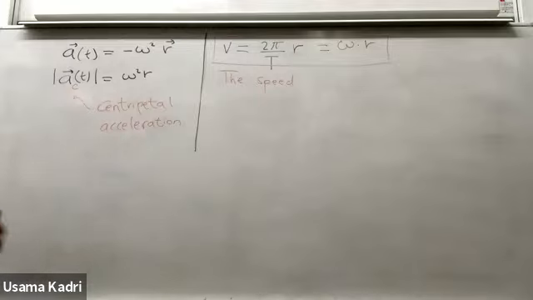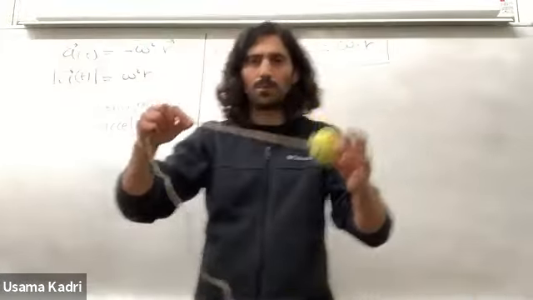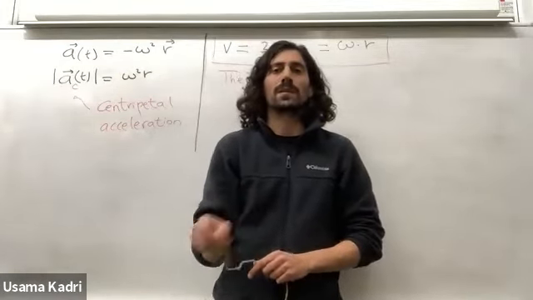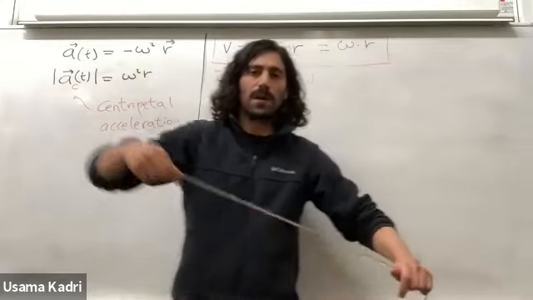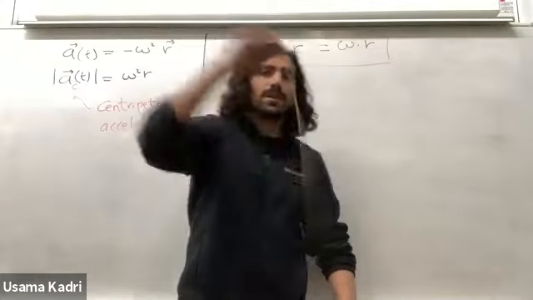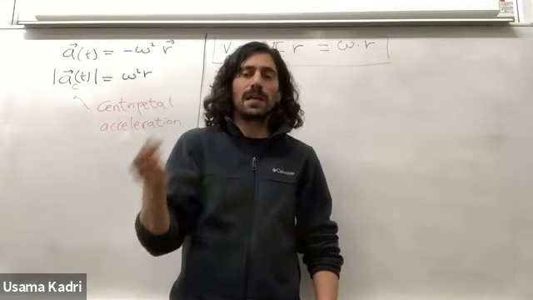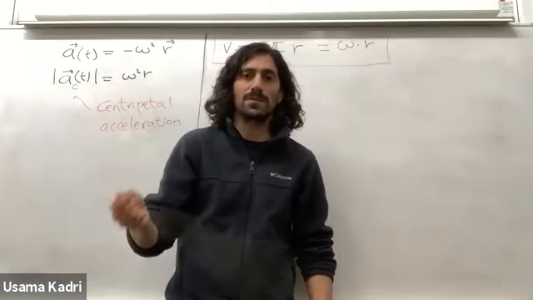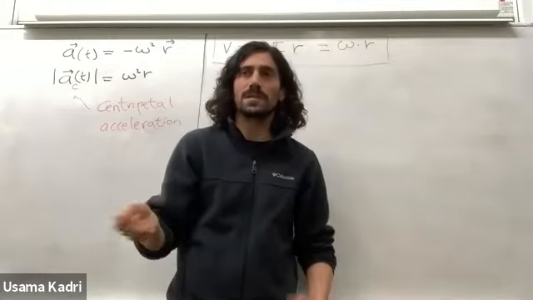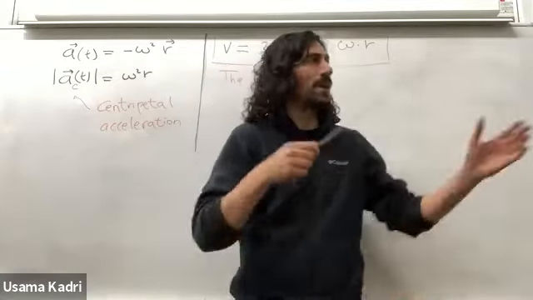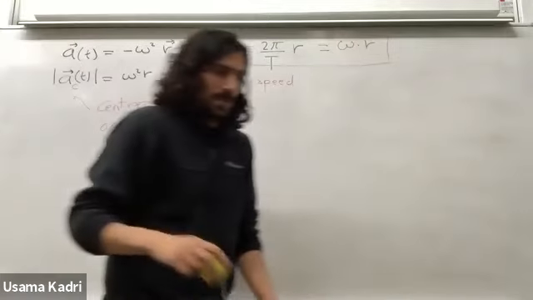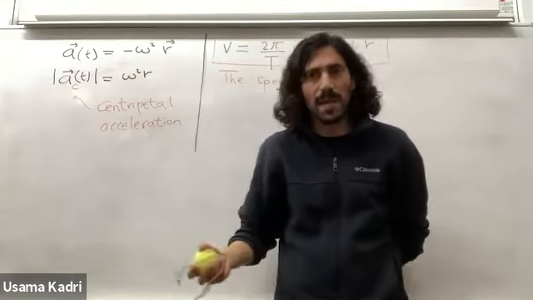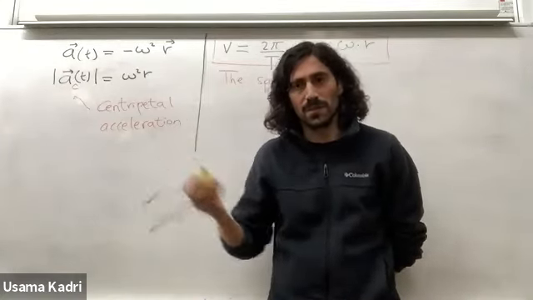So if I take this same object, given that I'm able to give it the same angular velocity, but now I make it longer, twice as long, then this object should feel an acceleration which is twice as large. Now, how do I know if this is the same velocity or not? It should complete one cycle in the same time. So it's also the same frequency in this case, in the uniform circular motion.